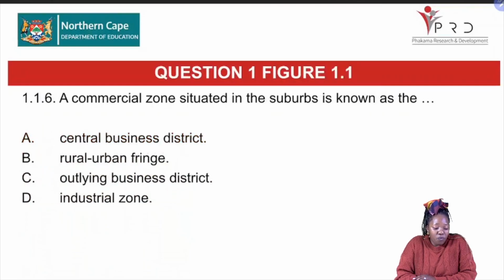Then your question 1.1.6, a commercial zone situated in the suburbs. So again, the commercial zone, where is it located in the suburbs? It is known as what? So 1 minute again, and then after 1 minute, we will proceed to the correction.